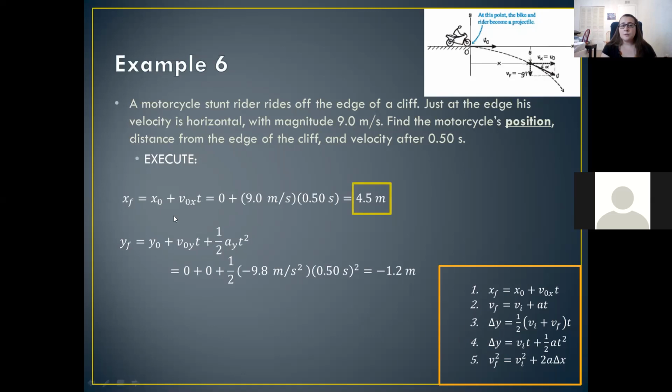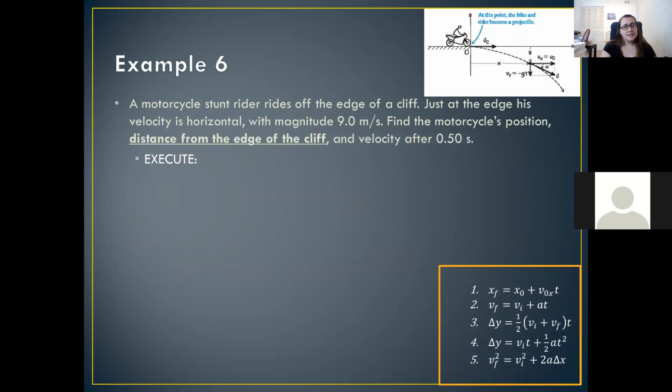Our initial y position is 0. Our initial y velocity is 0 because he's going horizontally. So that simplifies down to just 1/2 times negative 9.8 times 0.5 squared. And so that gives us a y position of negative 1.2 meters. So he's gone out away from the cliff 4.5 meters, and he's gone down from the cliff 1.2 meters. That's his position.